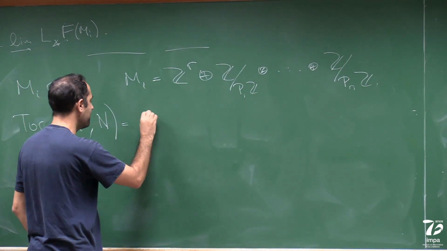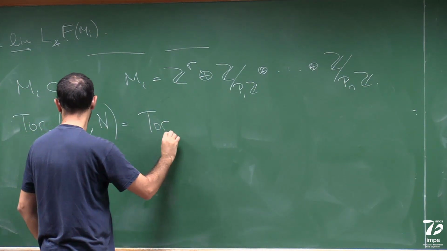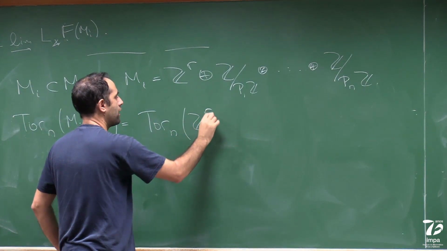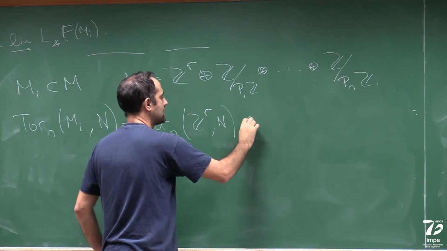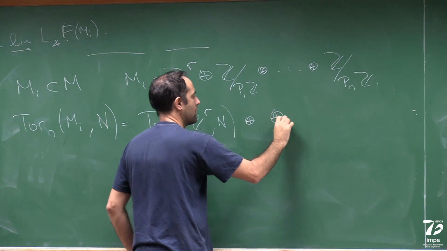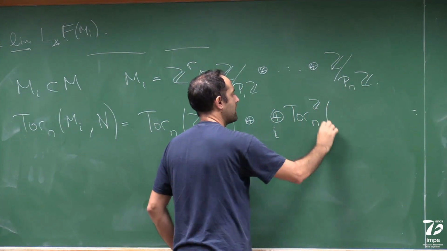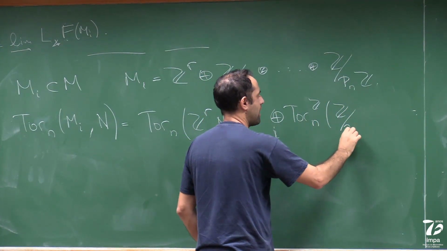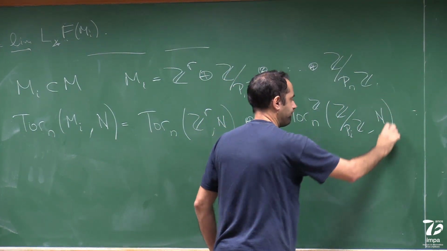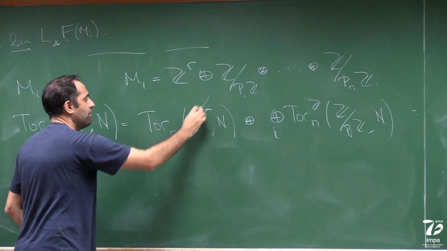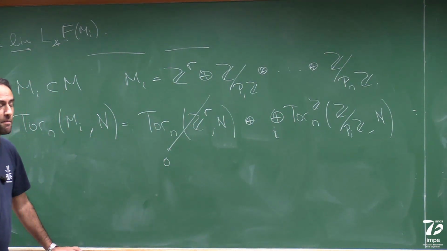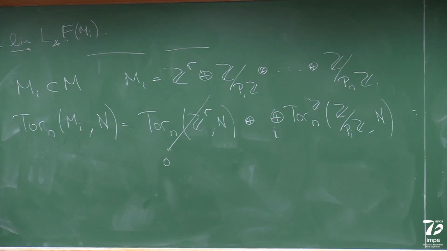So this is the direct sum of Tor_n of Z^r with N, plus the sum over i of Tor_n of Z/p_i Z with N. Now the first is 0, because remember that the left-derived functor of a right exact functor applied to a projective object is 0 if n is bigger than 0.